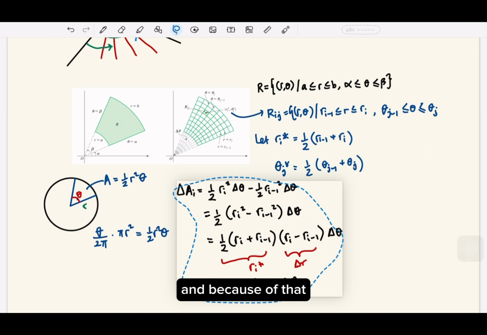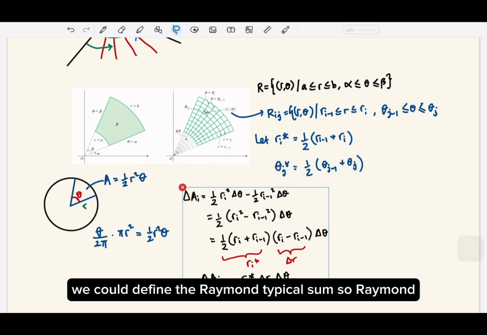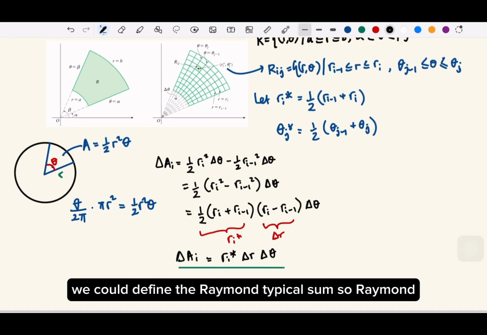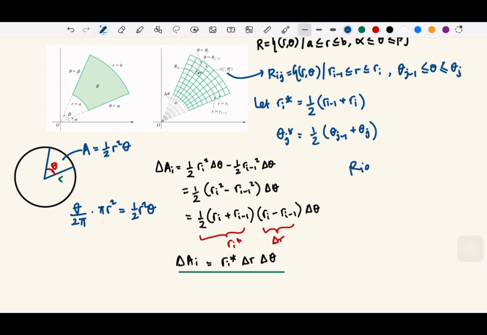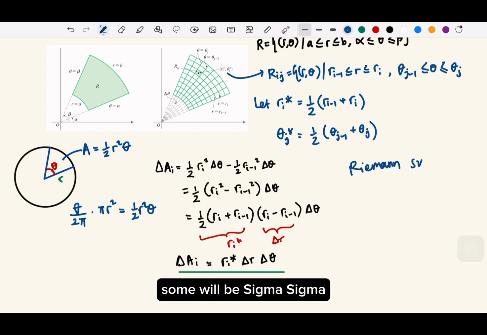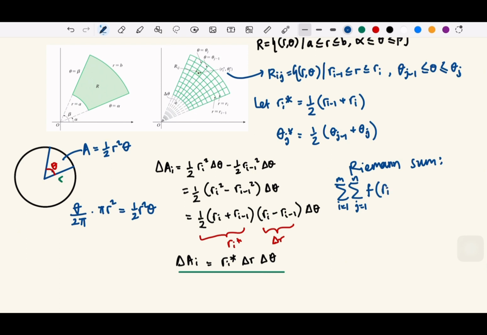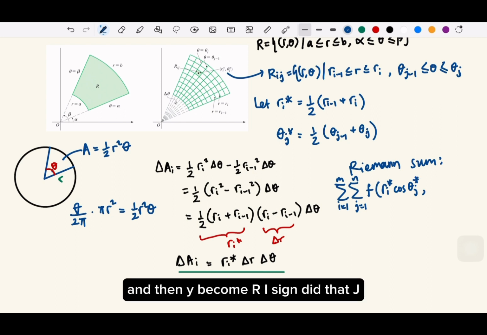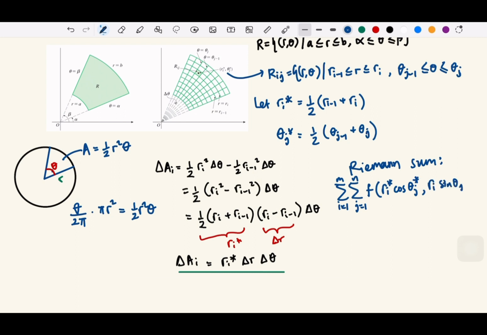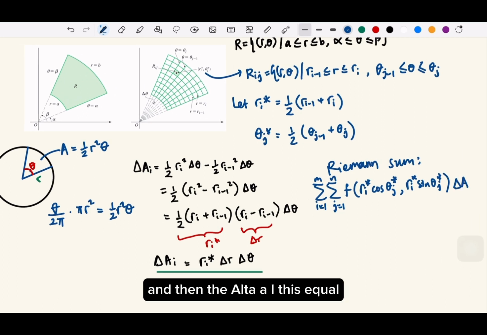And because of that, we could define the typical Riemann sum. The Riemann sum will be the double sum, the first from i to m and the second from j to n, of the function f at x equal ri sample point cosine theta j, and y equal ri sine theta j, and then delta Ai.